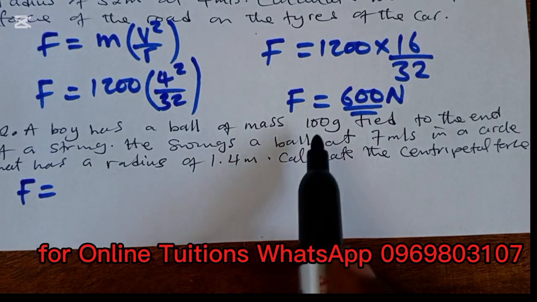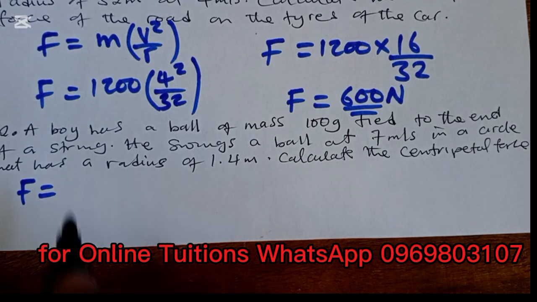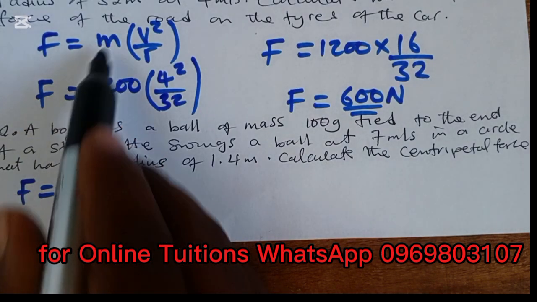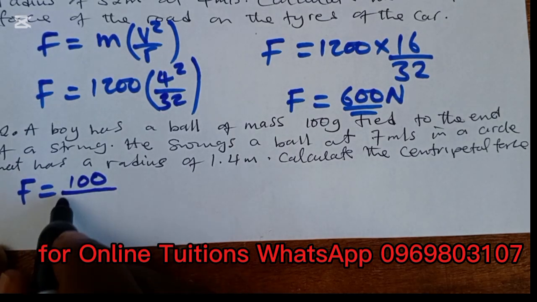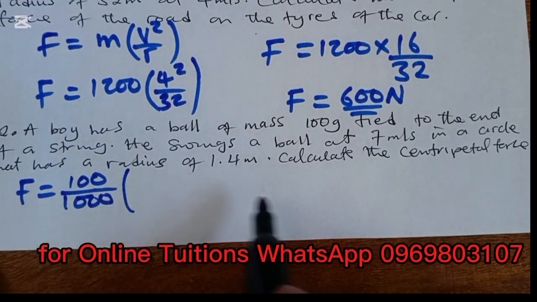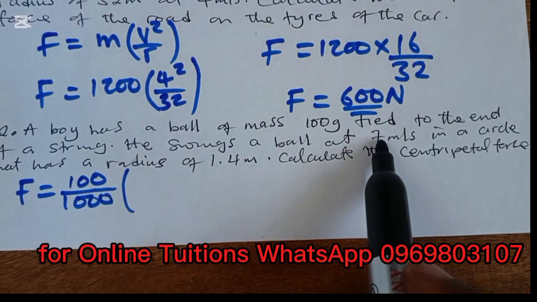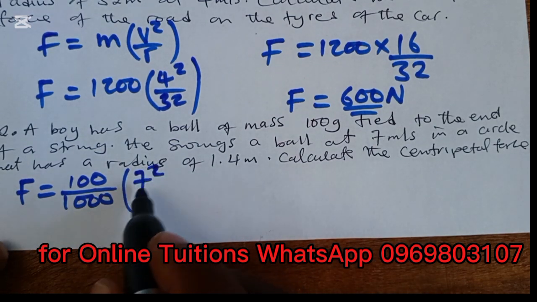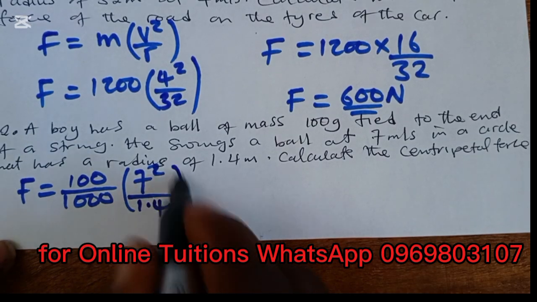So you need to change from grams to kilogram by dividing by 1000. So 100, which is our mass, over 1000 times our speed is 7, so it will be 7 squared over our radius is 1.4.